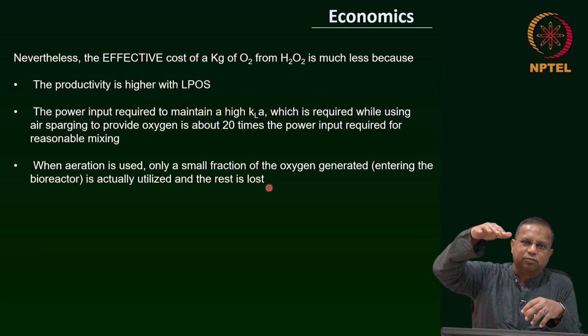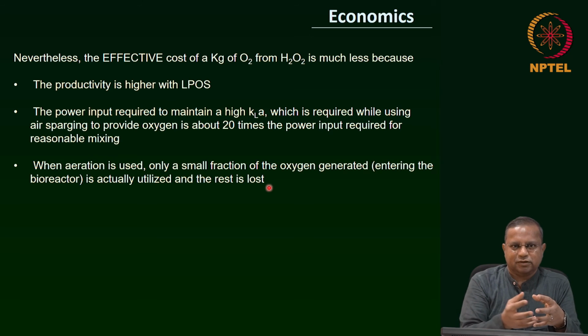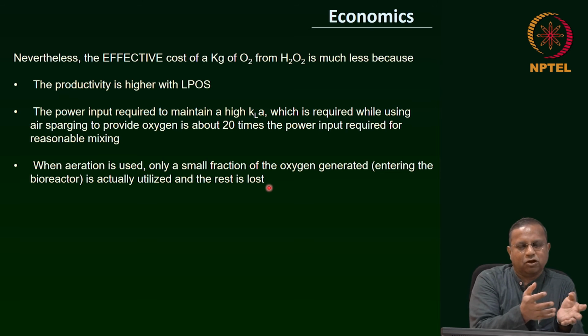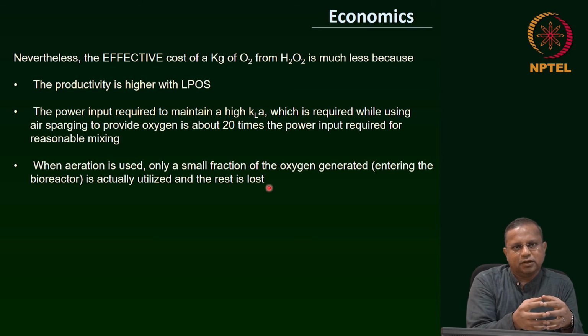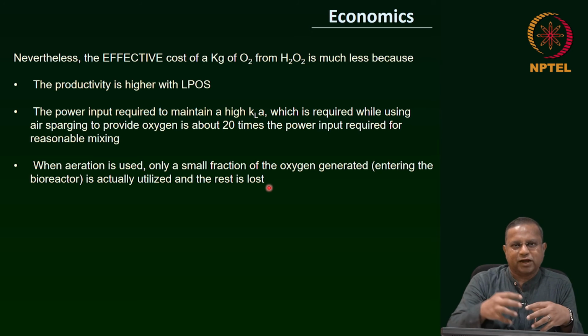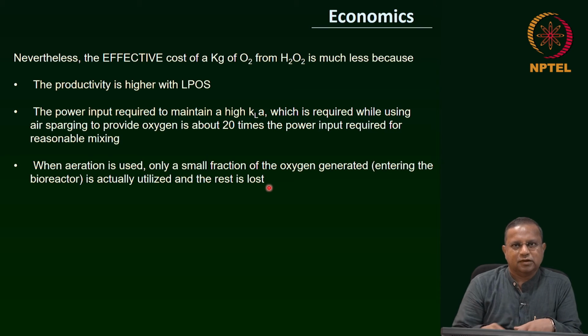When they come to the surface and disperse, you no longer have access to the oxygen that is available in that bubble. Therefore, it gets lost. So, a significant fraction gets lost when you are doing this.